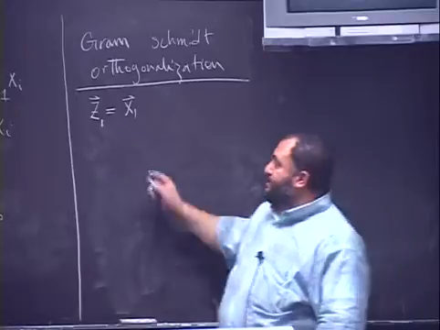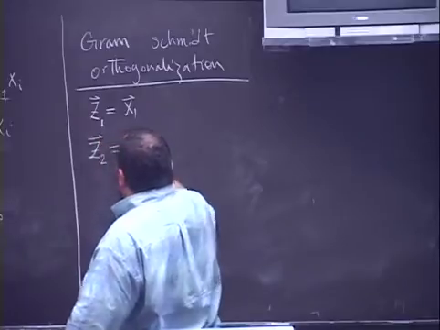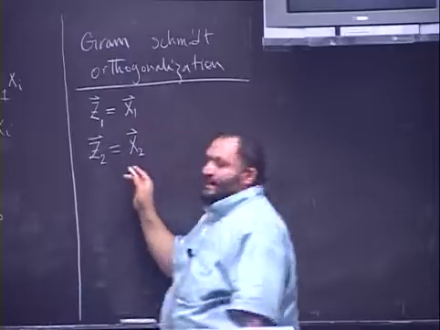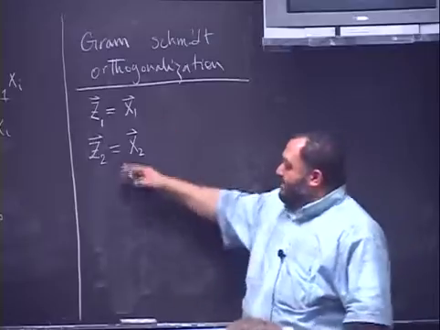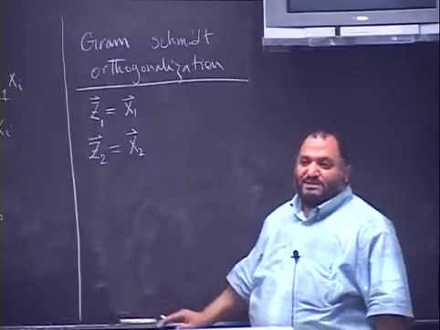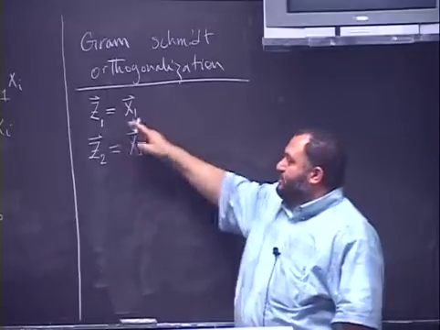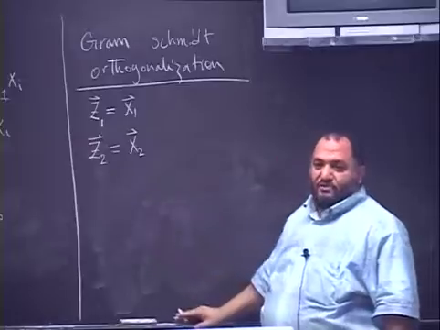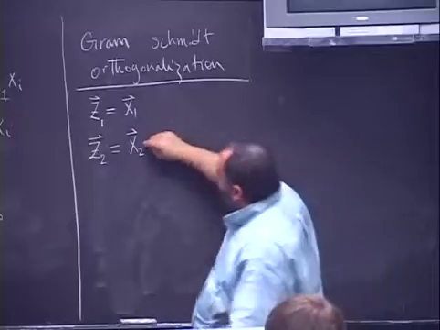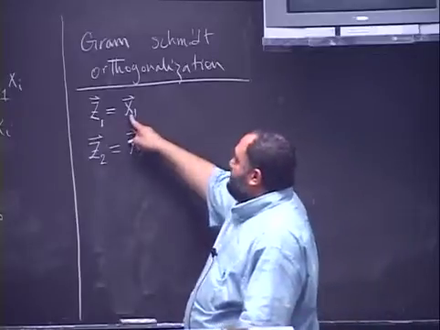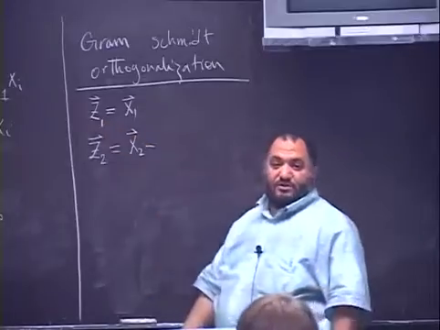So what you will do is take z1 equal to x1, and z2 will be equal to x2. If I say just equal to x2, I did not make anything; I would continue up to xk and have the same vectors, z1 equal to x1, z2 equal to x2, and so on. I did not form mutually orthogonal vectors. So I have to subtract from this the projection of the vector x2 on the vector z1.